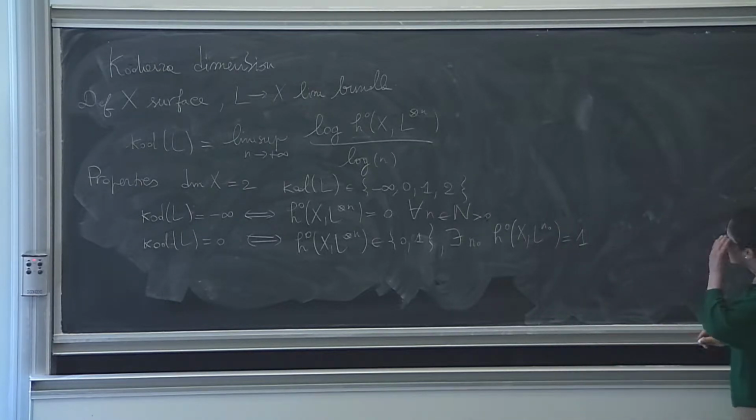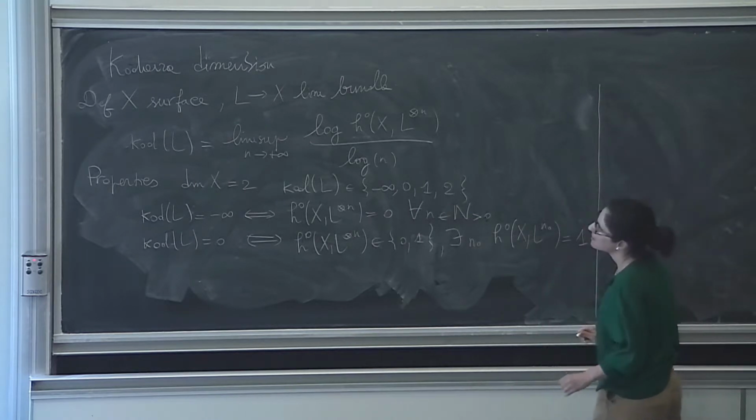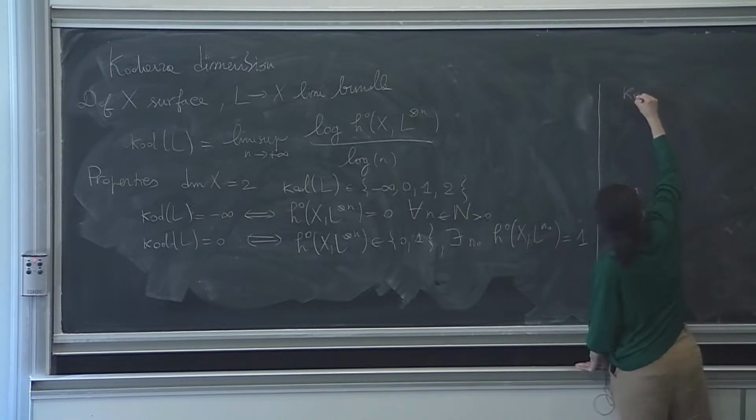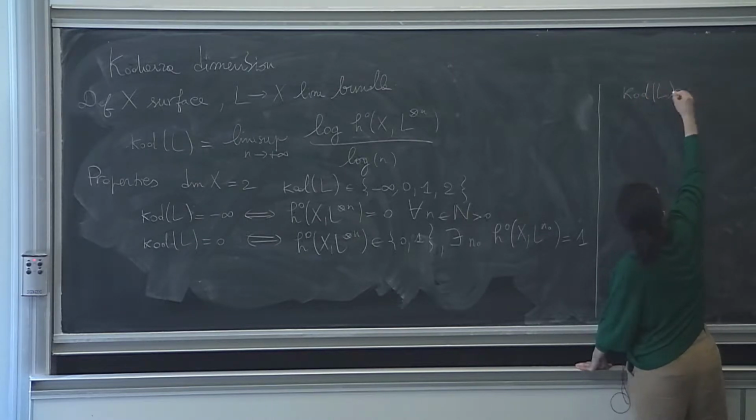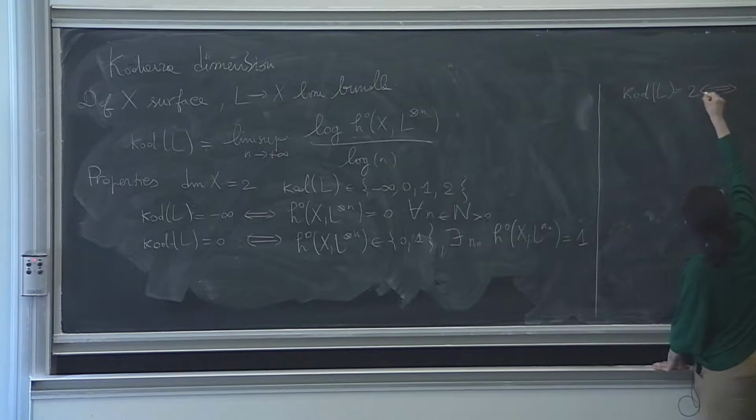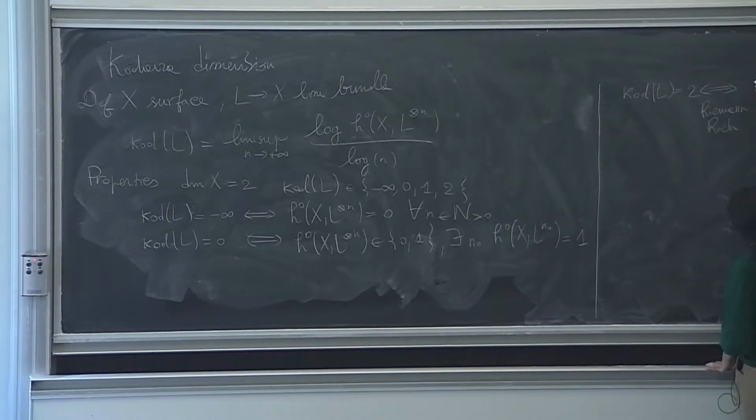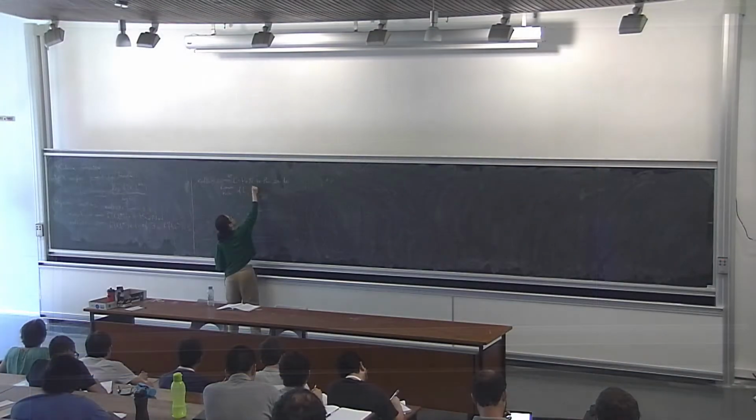Okay, and then let's look at, now by Riemann-Roch theorem, the Kodaira dimension of L is 2 if and only if, considering P plus N the Zariski decomposition of L, then P squared is positive.